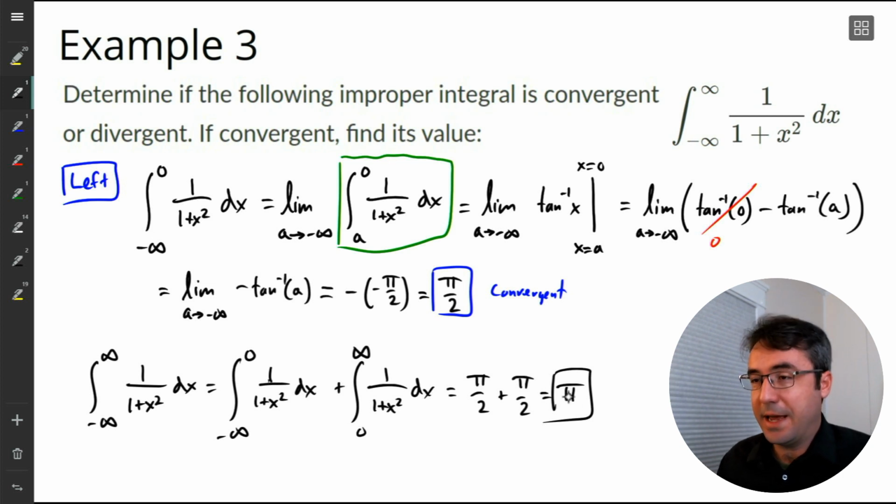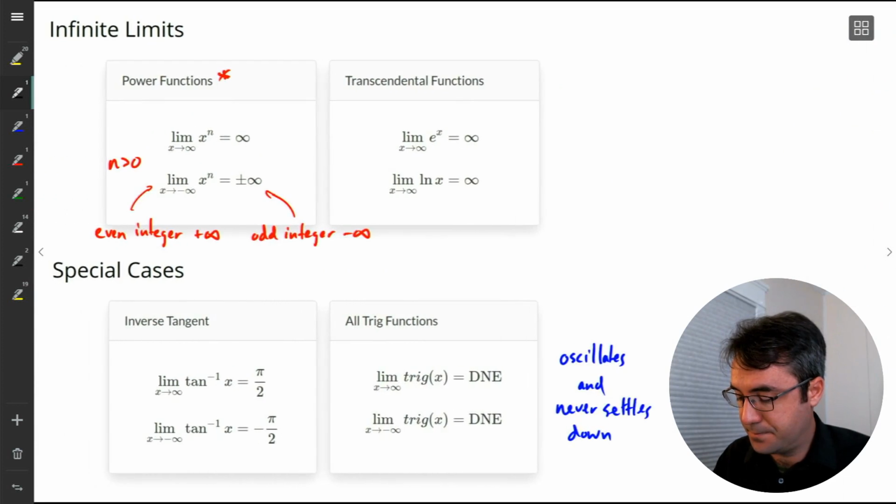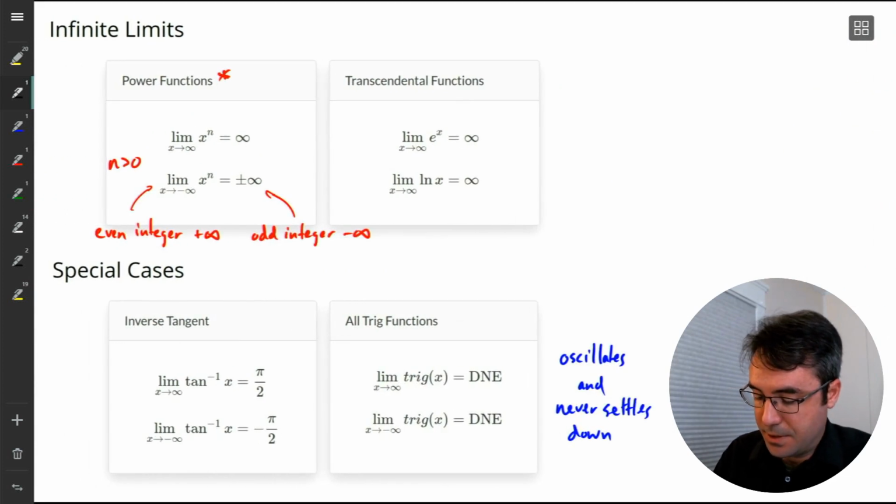And, again, the function 1 over 1 plus x squared is a non-negative function. It's always above the x-axis, so we could really interpret this as being the area under the curve. And actually, let's see if we can find it here.